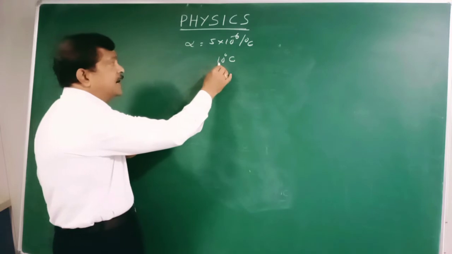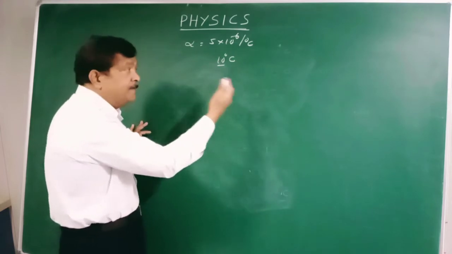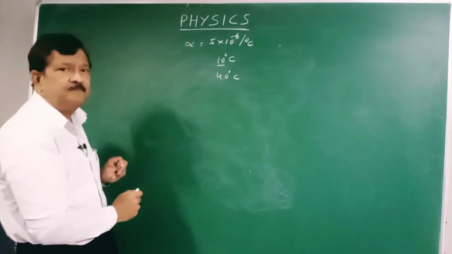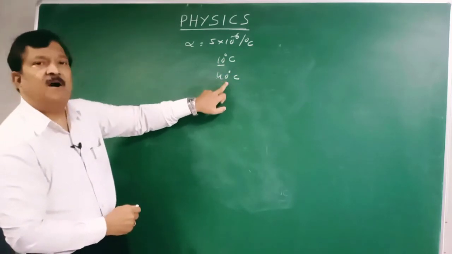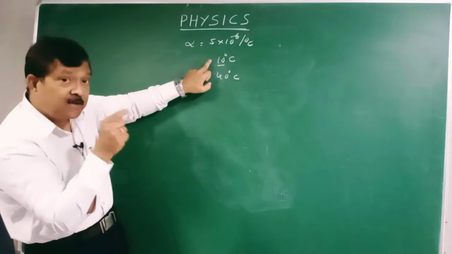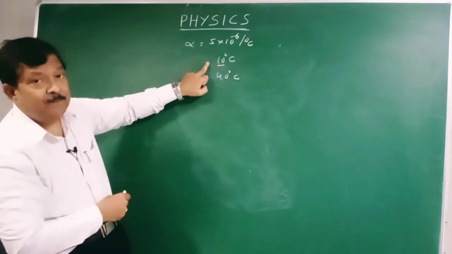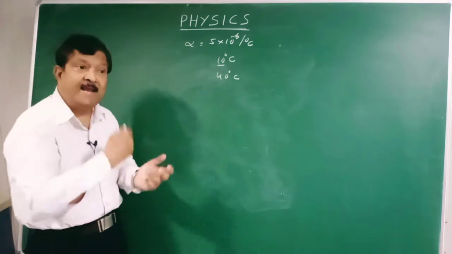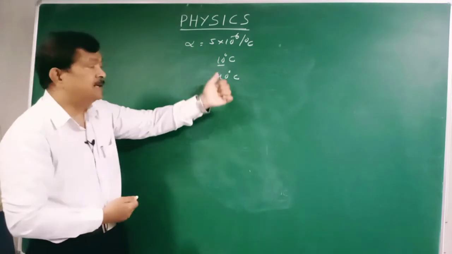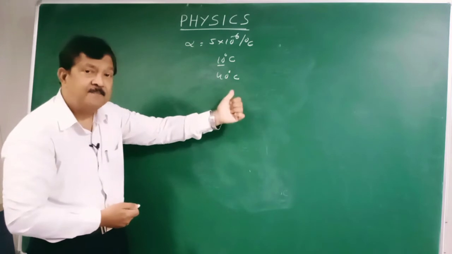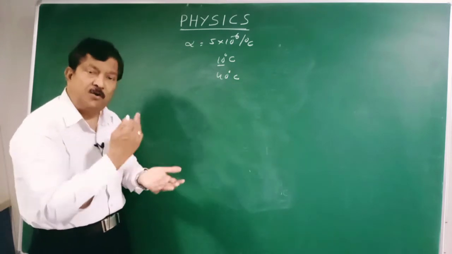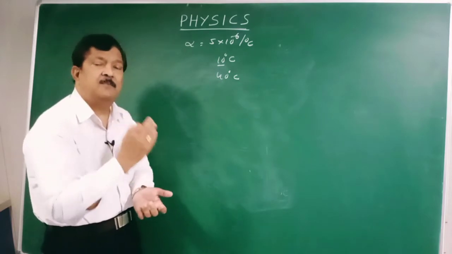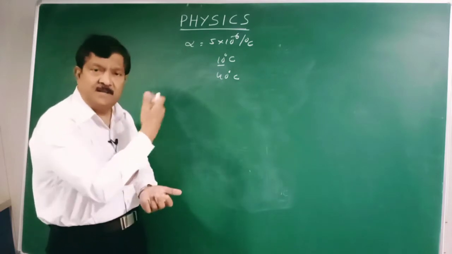Suppose I am using the clock at a temperature of 40 degrees centigrade, but it will show correct time at 10 degrees centigrade only. Very clearly we are considering a temperature which is higher than the temperature corresponding to correct time. Because you are using it at a higher temperature, there will be a loss of time.